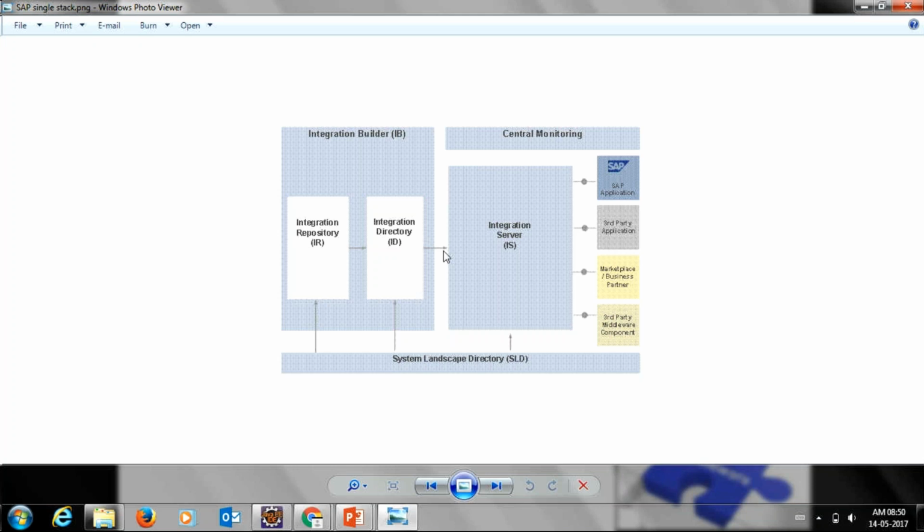Some of these, like your CCBPM, have now been replaced in PO by simple BPM or NetWeaver BPM. So that has been taken care of. You can do the business processing in the BPM of your PO, business orchestration.